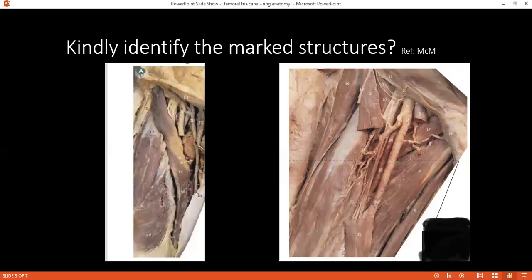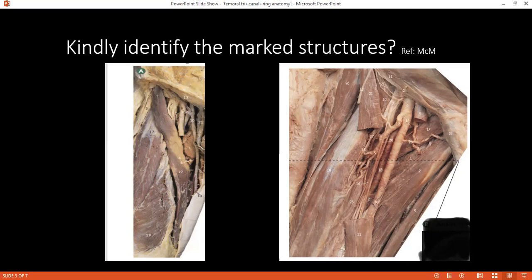Yes, it is the sartorius muscle. This region is the inguinal region, or the femoral triangle, as it is also called.